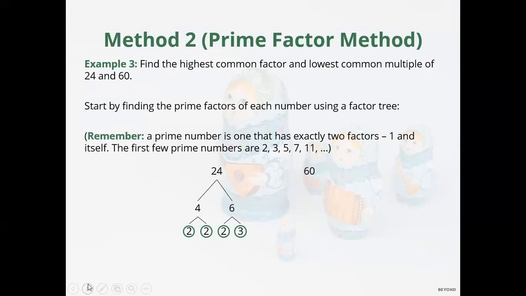If you break down the factors of 60, you get 5 and 12, and then 12 breaks up into 2 and 6, and then 6 breaks up further into 2 and 3. You can keep on breaking until you reach prime numbers.